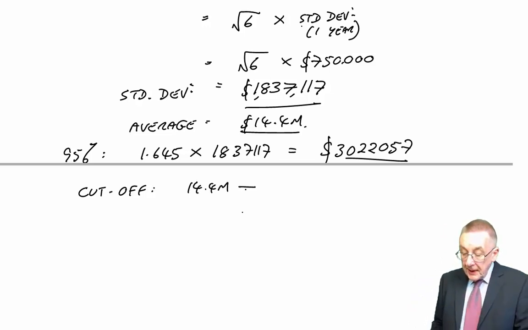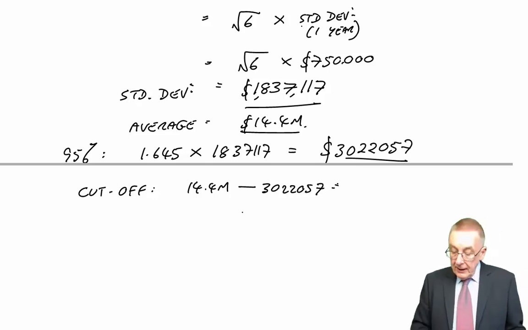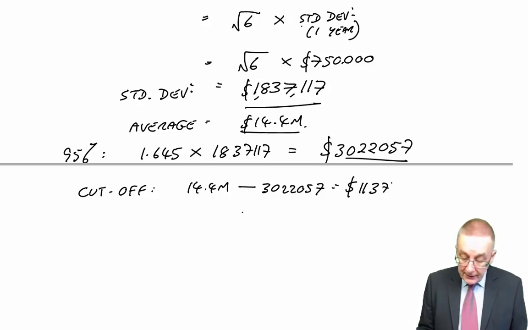We know we can be up to 3 million below, which is, I think, 11,377,943.